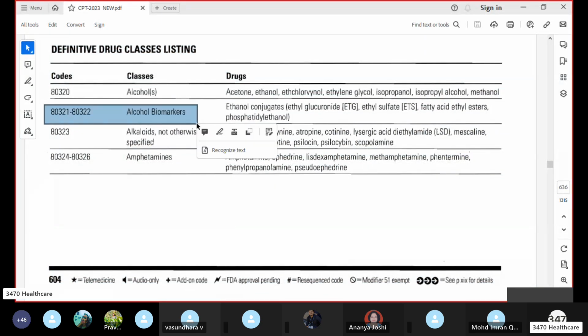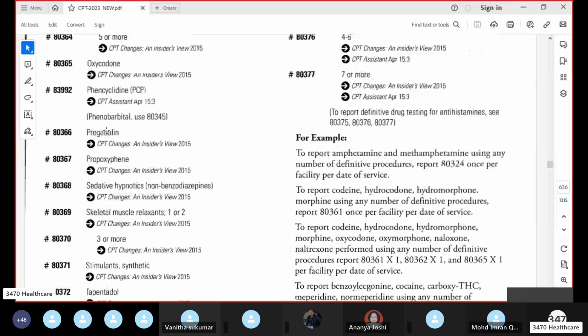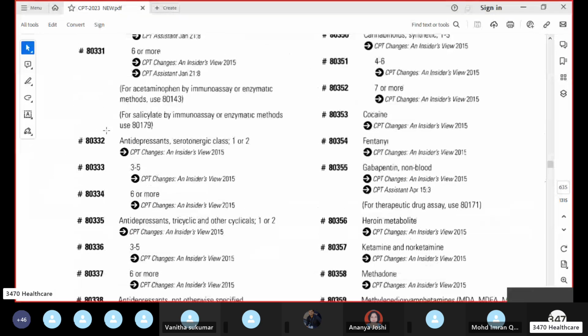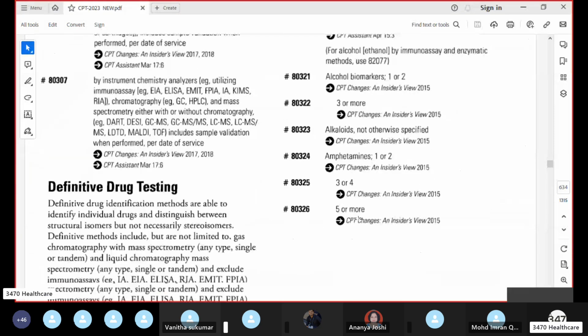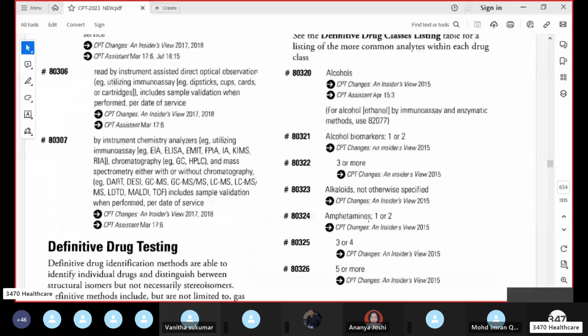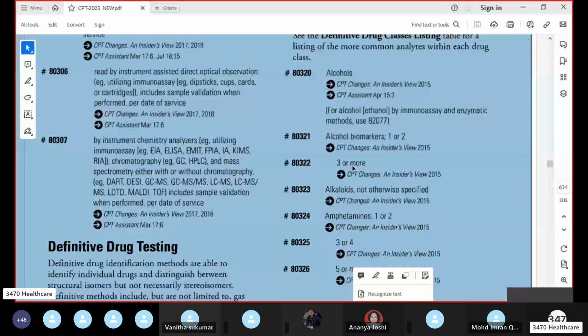Now it falls under alcohol biomarkers, but we have only the code range, not the exact code, 80321 to 80322. So with the code range given, you can go to the above pages and confirm the exact code. 80321 is there, page number 602. It is for alcohol biomarkers 1 or 2. 80322 is 3 or more.